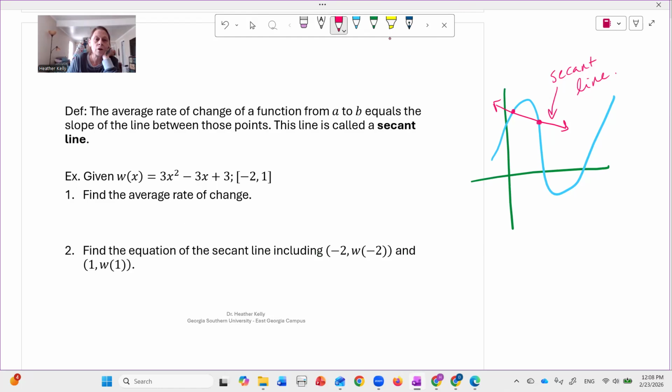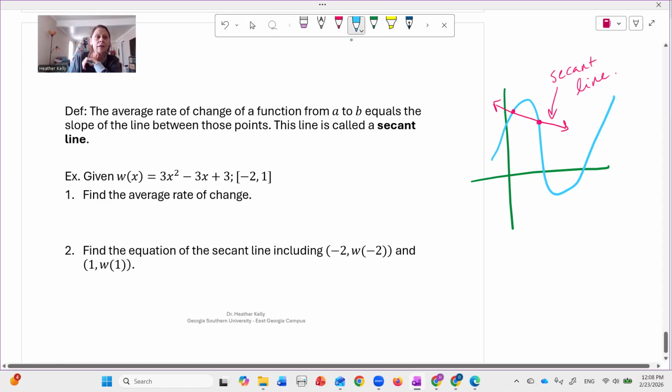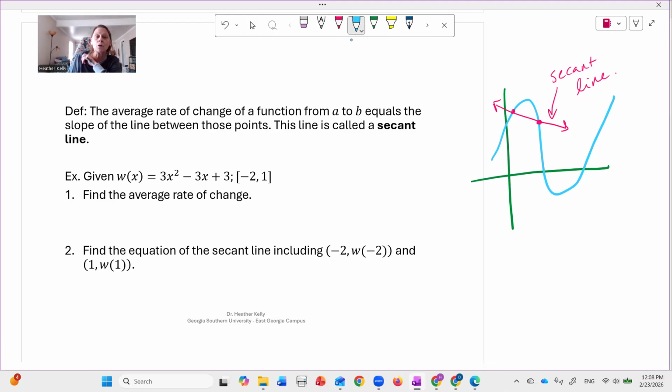Okay, so let's do this last one. It says, given w of x is equal to 3x squared minus 3x plus 3 on the interval negative 2 to 1, remember this is a to b, find the average rate of change. Average rate of change is f of b minus f of a over b minus a.